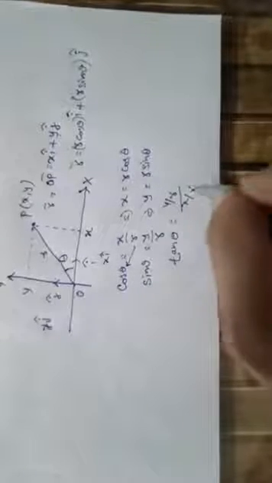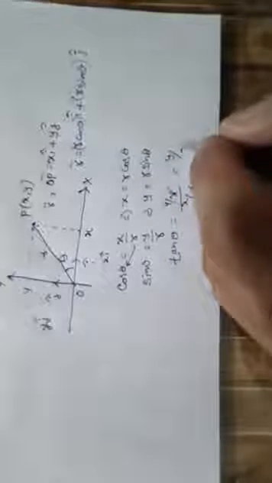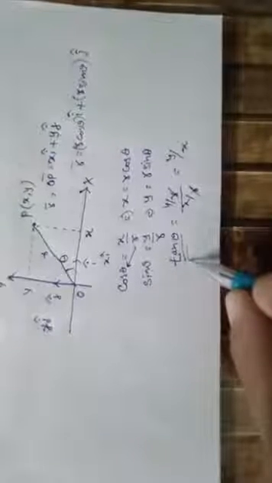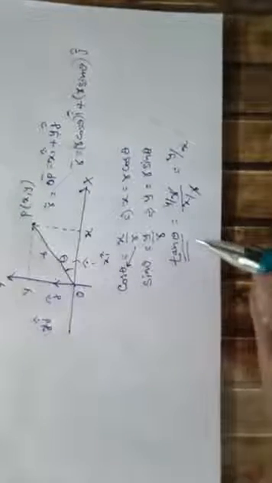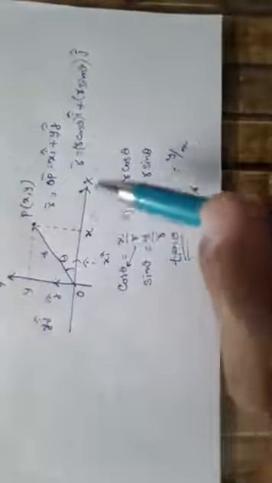So r and r get cancelled, and we get y upon x. That means if you do the y component by the x component, the angle we can find out. Using this you can find out the angle of a given vector with respect to the x-axis.